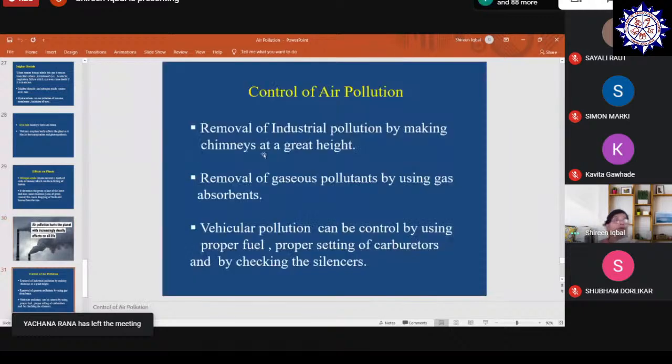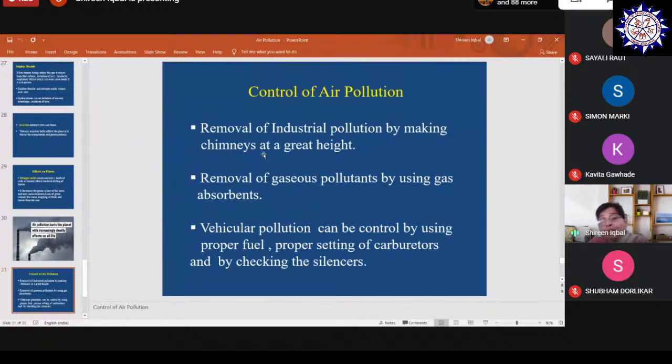So let's see the control of air pollution. We have seen in the beginning that smoke emits from the chimneys.